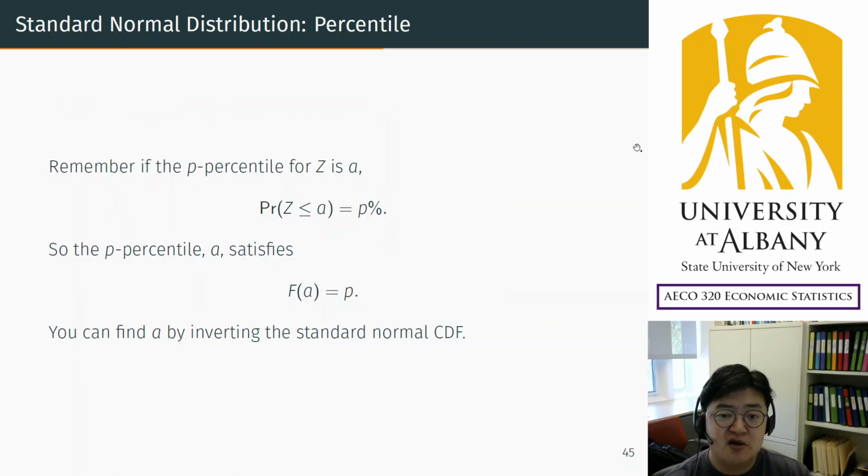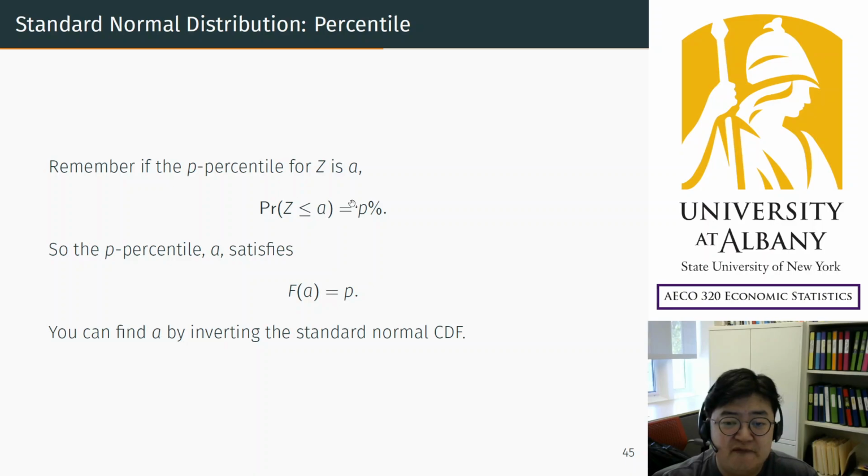Another thing here is, so far it was pretty straightforward. There was nothing super difficult or complicated. But what is a little more complicated is going the other way. So far, I gave you a value for A, and then I asked you to calculate P. But you can go the other way.